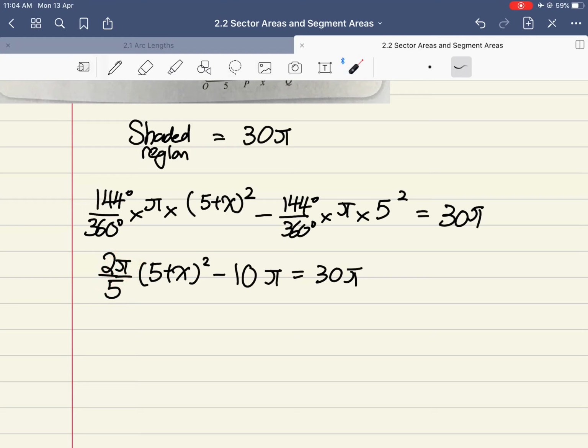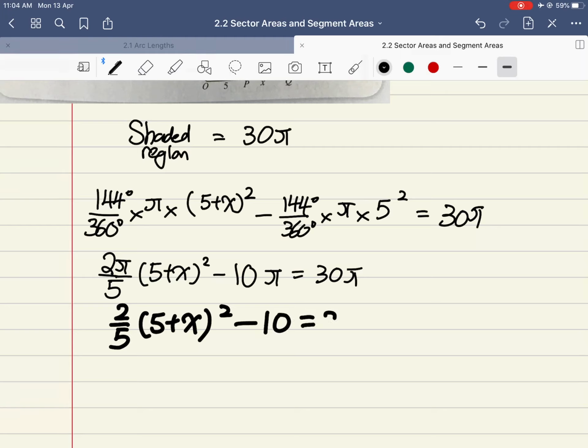If you notice, the common factor here will be pi. So what I can do is divide every term by pi. So what I get is 2/5 times 5 plus x squared minus 10 equals to 30.